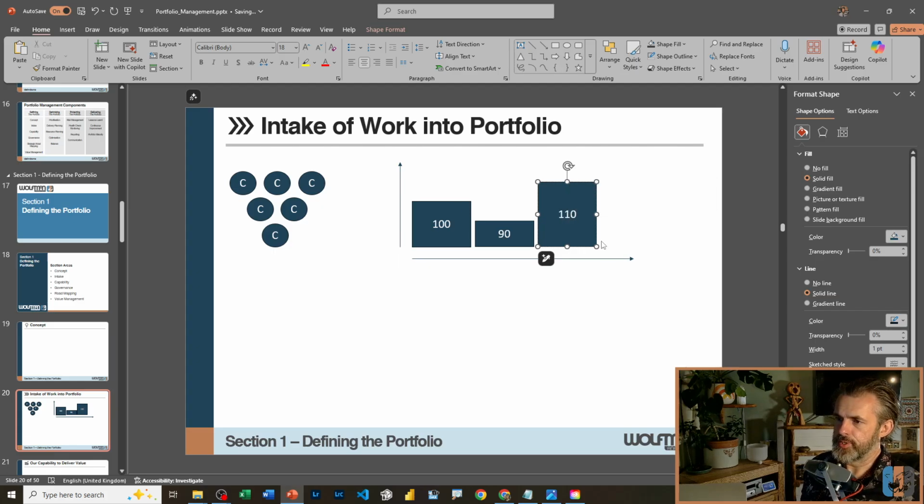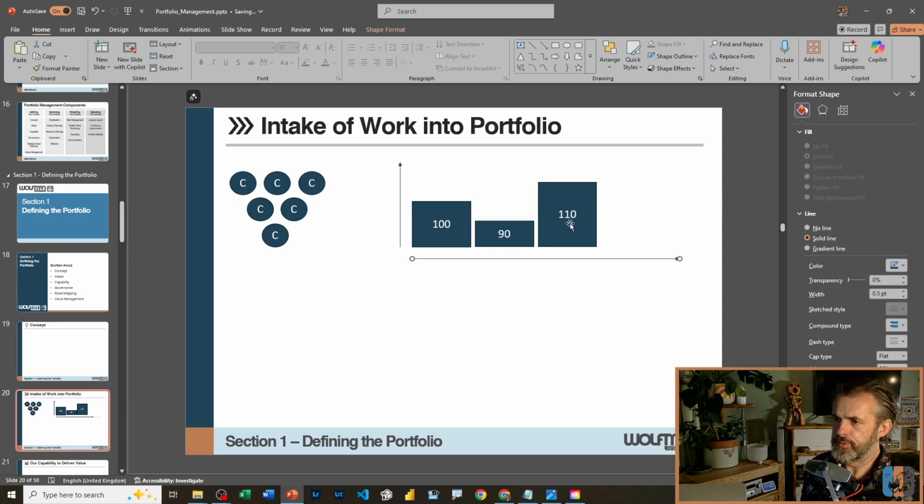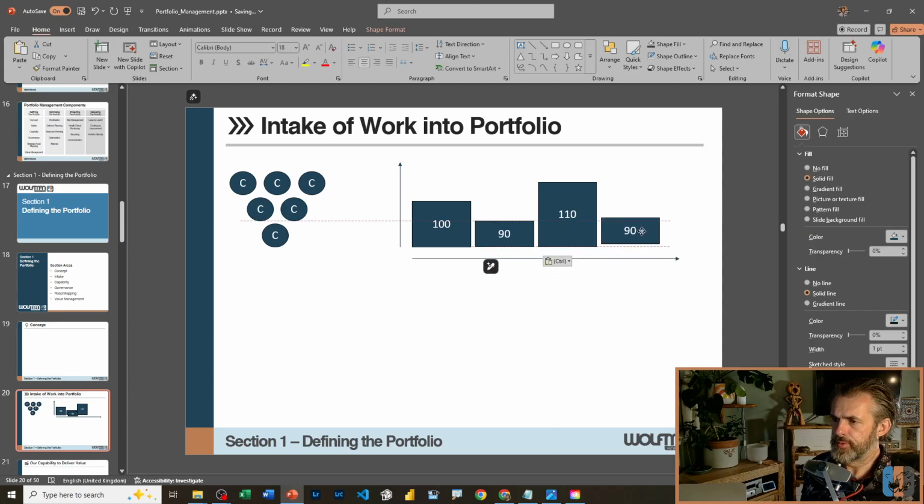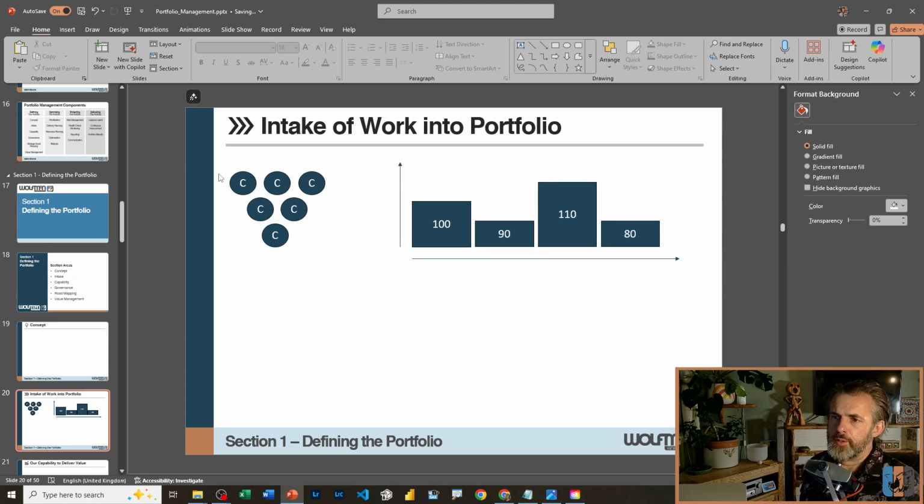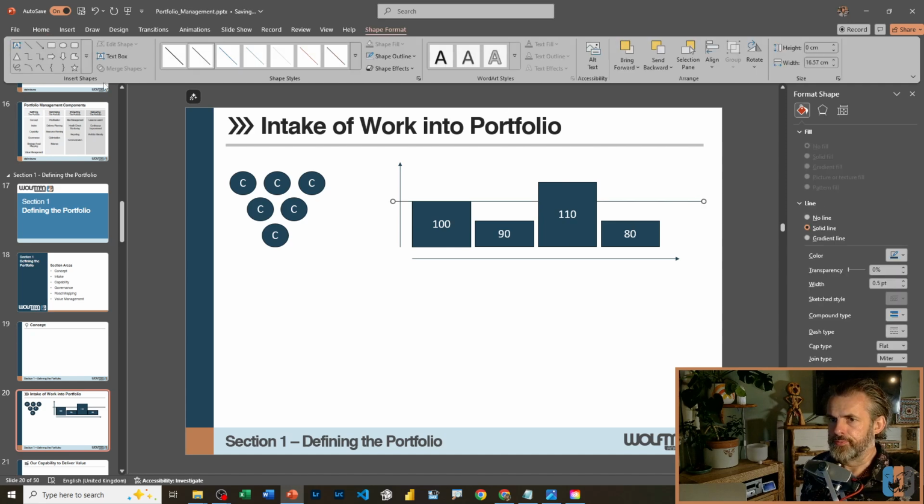Let's do this as a percentage. So we've got lots of concepts, and this is our ability to deliver. We've got a threshold that we can't go beyond.